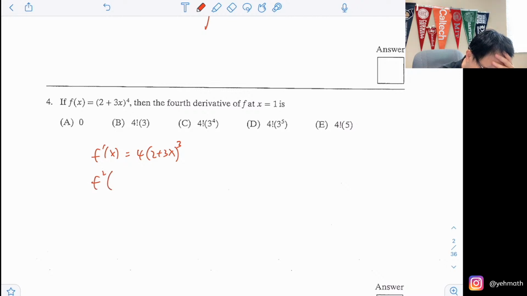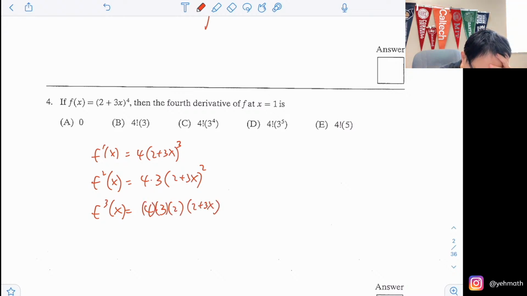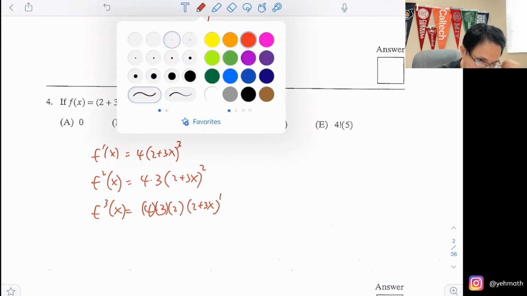The second derivative is going to be 4 times 3 times (2 plus 3x) to the second. The third derivative is going to be 4 times 3 times 2 times (2 plus 3x) to the first. Are we okay? I think the first one is wrong. Oh, yeah, I forgot the chain rule, did I?